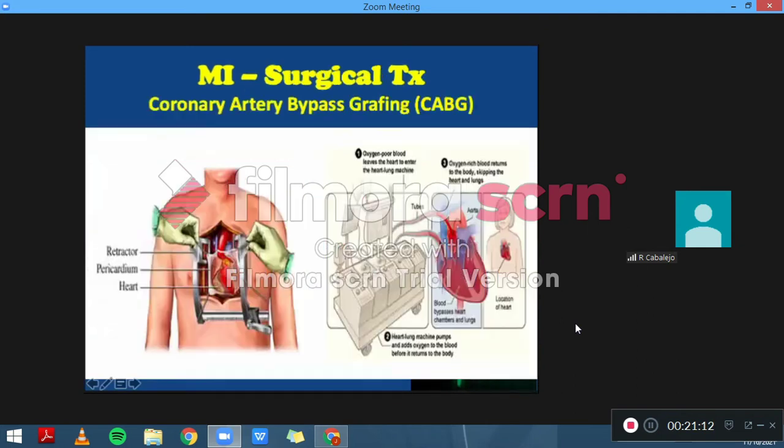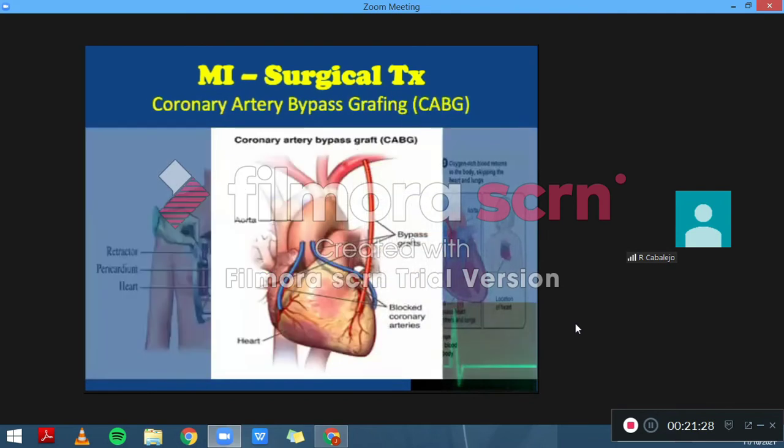Or the last resort, particularly if the coronary obstruction is involving the left main vessel, or 3 of the coronaries are involved, the best treatment option would be doing a coronary artery bypass graft, or your CABG. So what we usually do with bypass is you harvest vessels like a chest artery vessel, and then you reconnect it somewhere in the aorta, and then the distal portion of your graft is connected distal to the coronary obstruction.